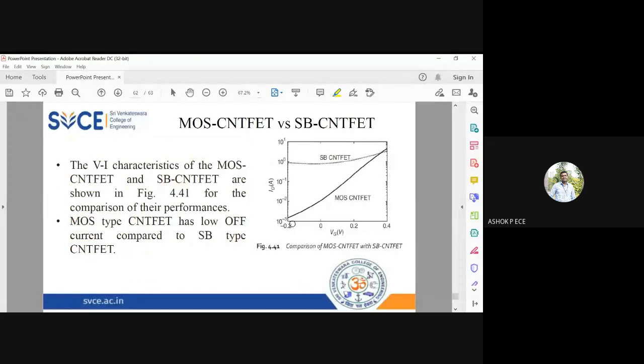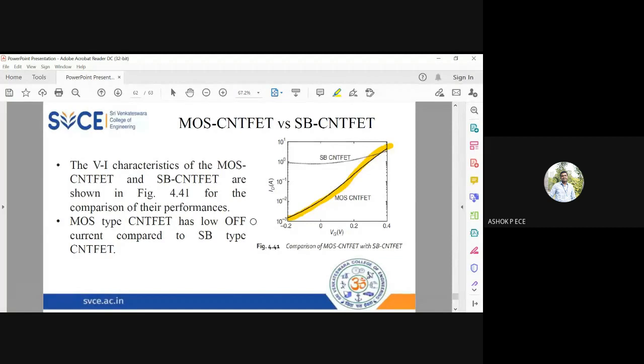So these are the VI characteristics for MOS and Schottky barrier FETs, shown here. MOS type FETs have low off current compared to Schottky barrier type. Even in the off state, the current will be almost constant for a Schottky barrier CNTFET. In the MOSFET at the off state, the current is very minimal and it increases slowly.